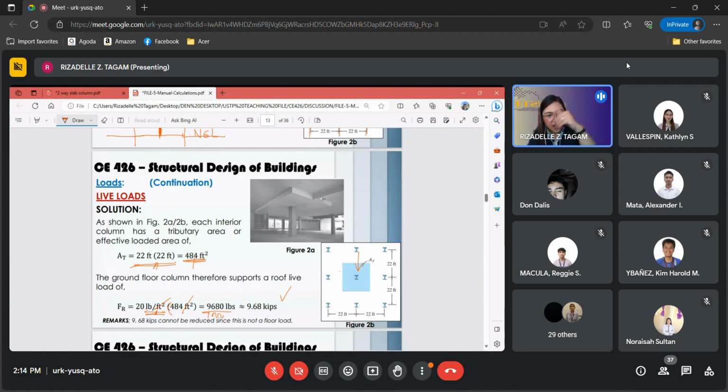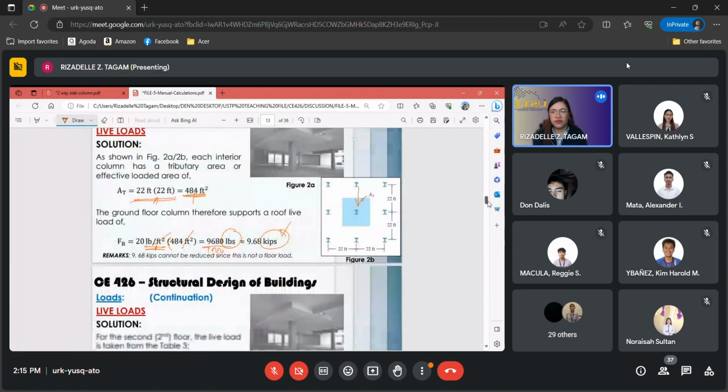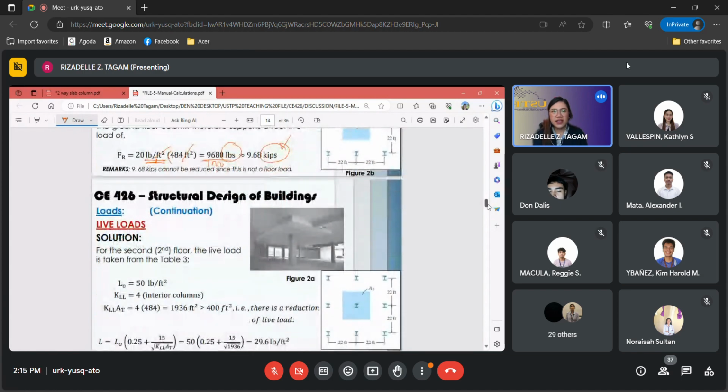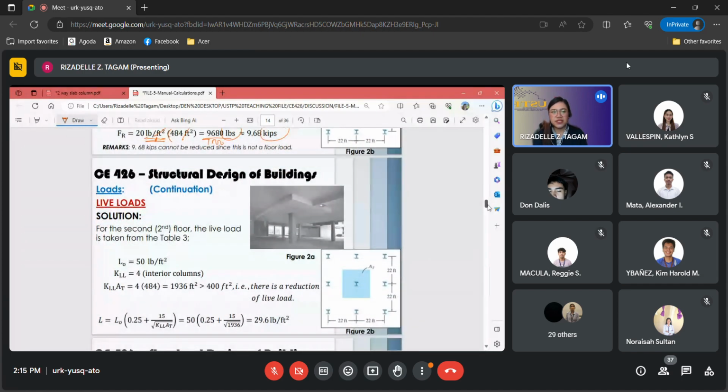So diretso na load tanan. Unlike the beam with uniform load, it is the actual load that goes directly into the column. So naa na tay 9.68 kips.